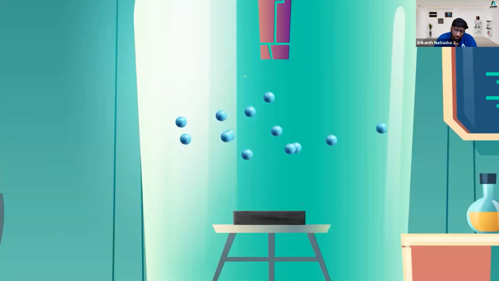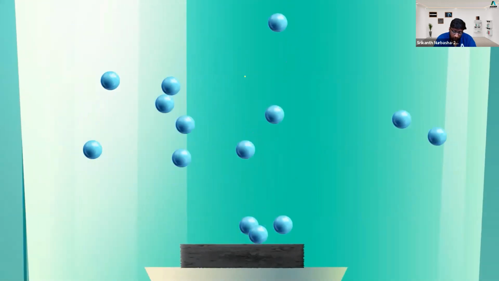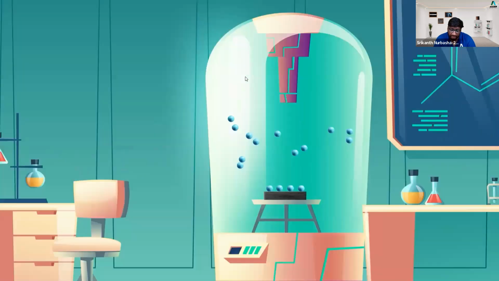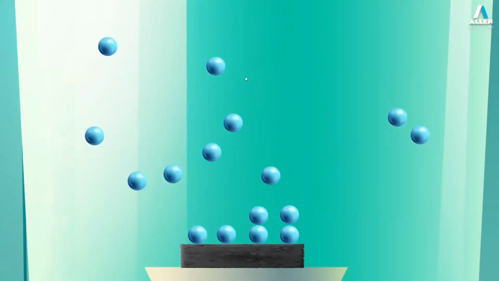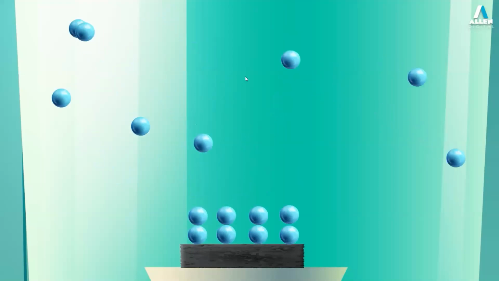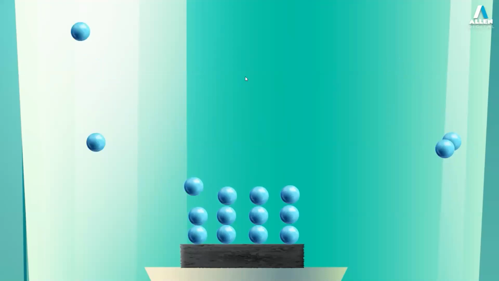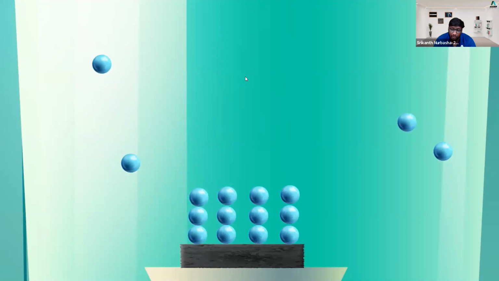Physical adsorption is also called physisorption. If you look carefully, is it unimolecular or multimolecular? Multimolecular. Why? You have to know why, right? Why is it multimolecular physical adsorption? Because there is no orbital overlapping.